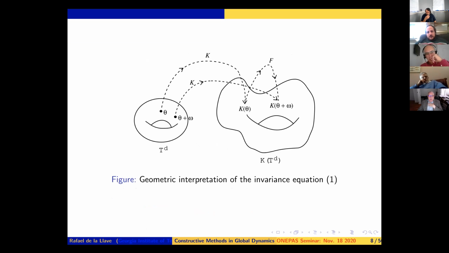Okay, so the way to imagine this is that you have the perfect copy of the torus, and then you have the real torus in real space, and then you have to find the dynamics. This should be lowercase f.